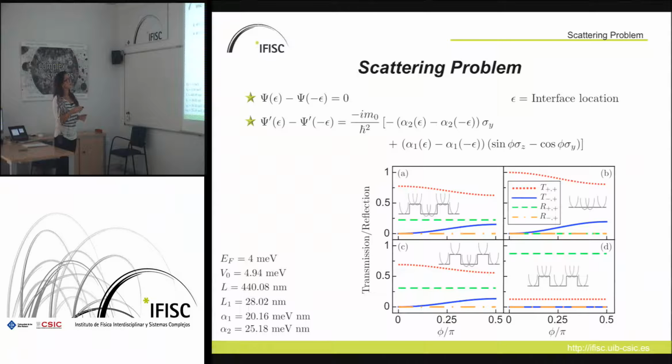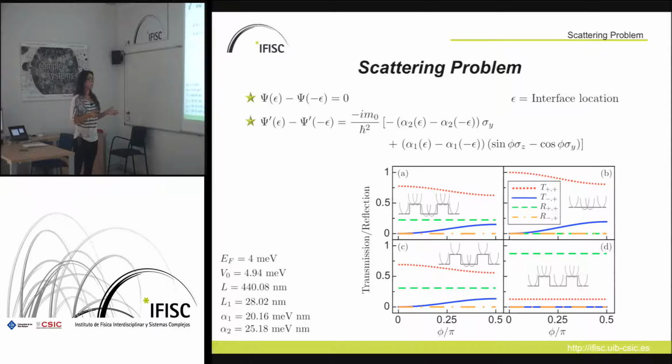This first one is the typical one, in which the wave function has to be continuous at each interface, but the second one comes from the flux conservation. If we don't have Rashba spin-orbit interaction in any part of the system, we recover the continuity of the function derivative.